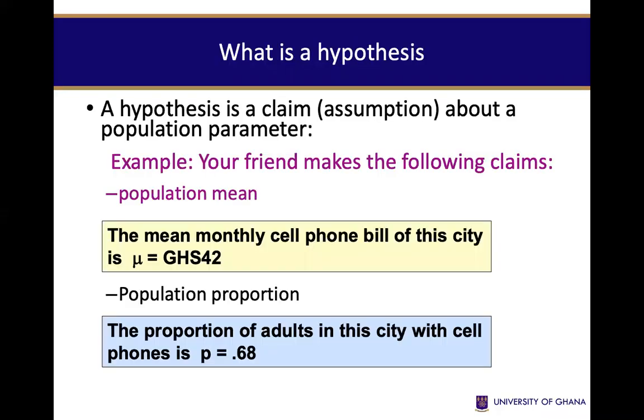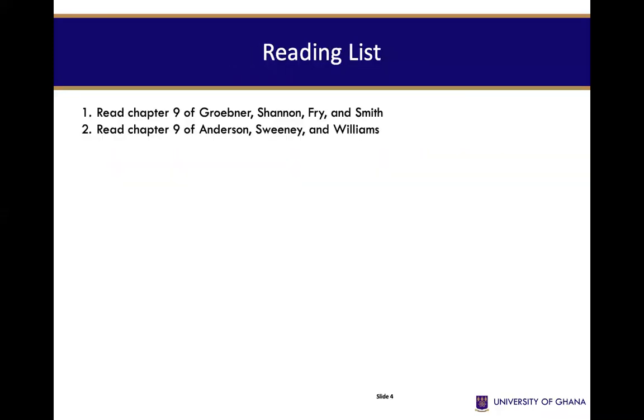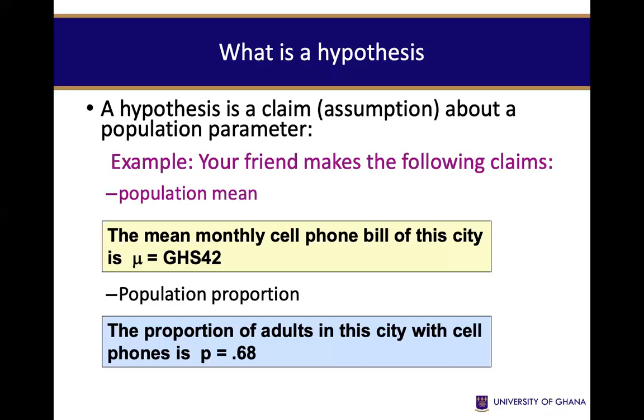Okay, so most of the time, we make a lot of inferences based on sample. Last week we discussed some of the importance of sampling, and we also talked about statistical inference, where we make conclusions on the population based on the sample.